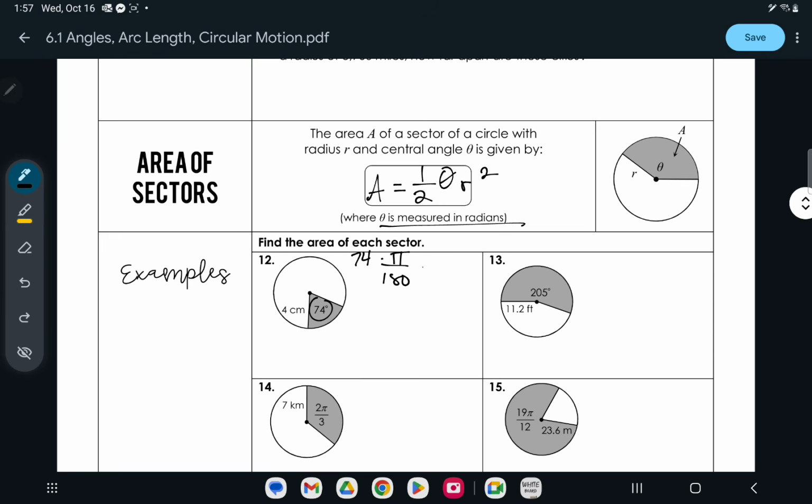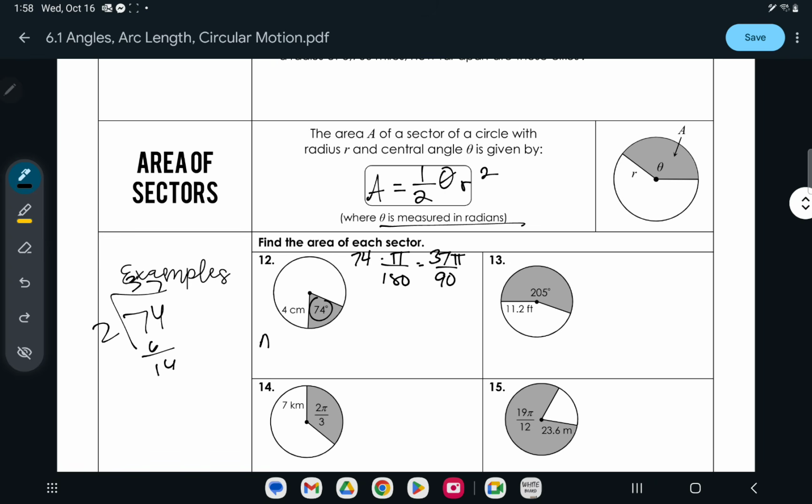And I get, I could probably reduce that in half. 74 divided by 2, 37. So 37 pi over 90.